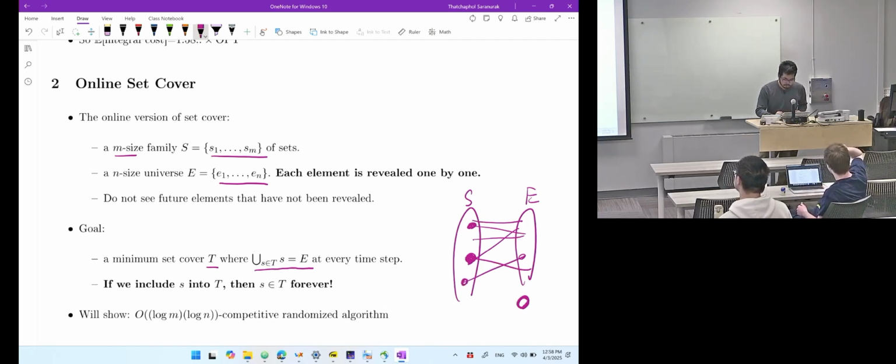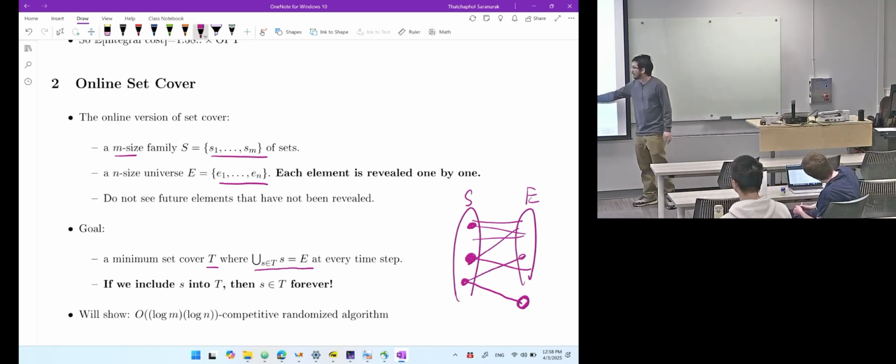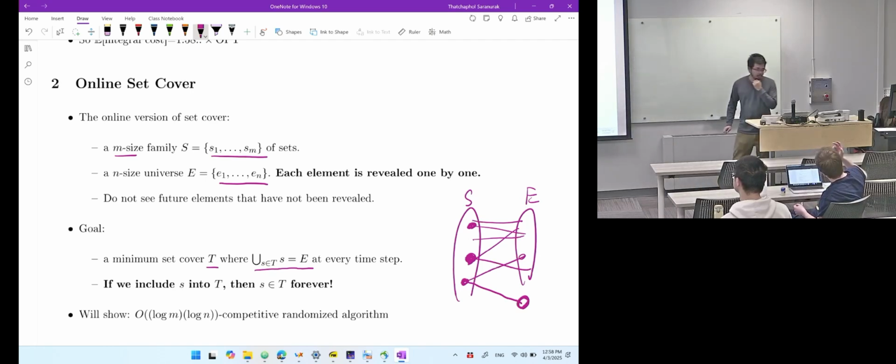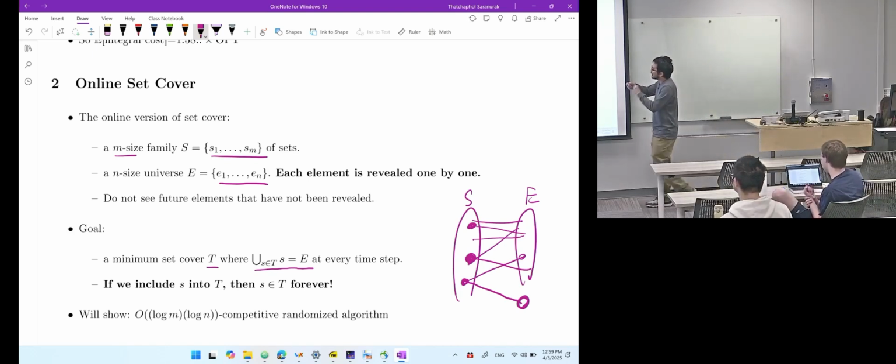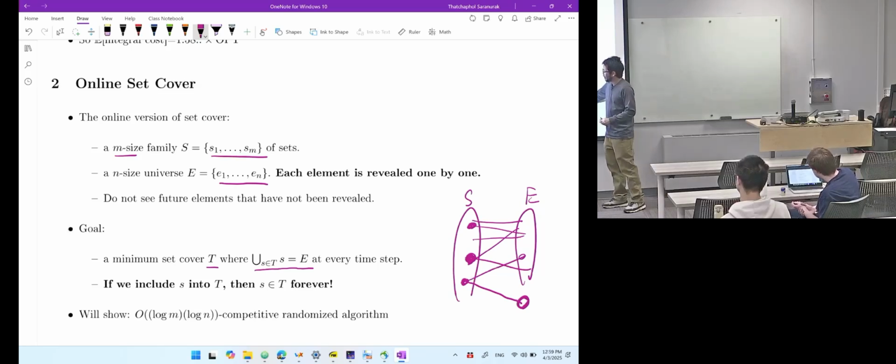Maybe you choose a new set here, and this new set must be forever there in your solution. So we need to maintain a set cover at the end of every iteration. You keep increasing the set cover in your solution, and it must cover everything at any time.